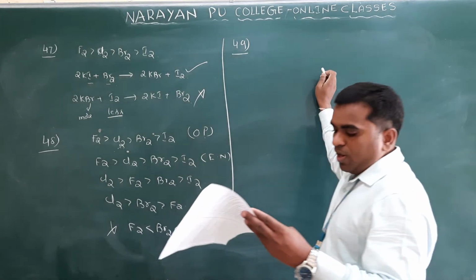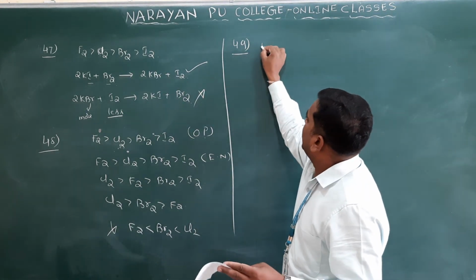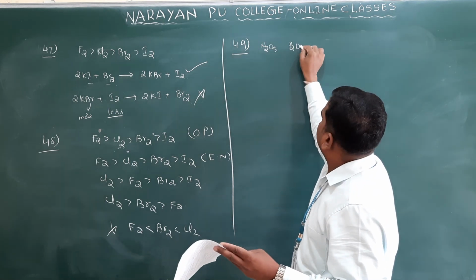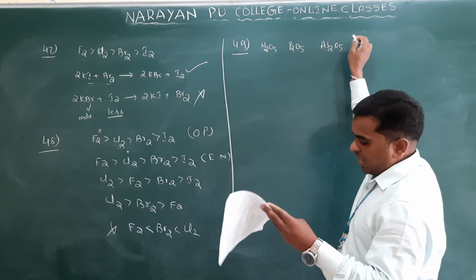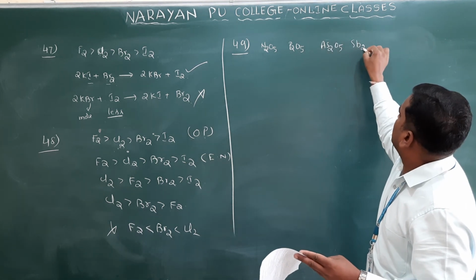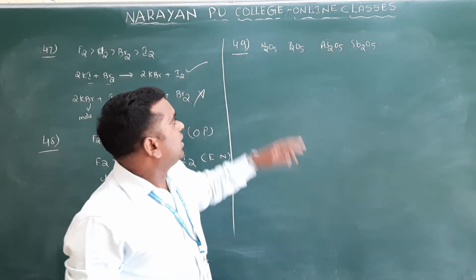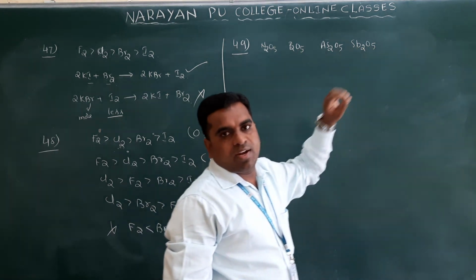Question 49: Which of the following is most acidic? They have given N2O5, P2O5, As2O5 and Sb2O5. These are oxides of different elements: nitrogen oxide, phosphorus oxide, arsenic oxide and antimony oxide.